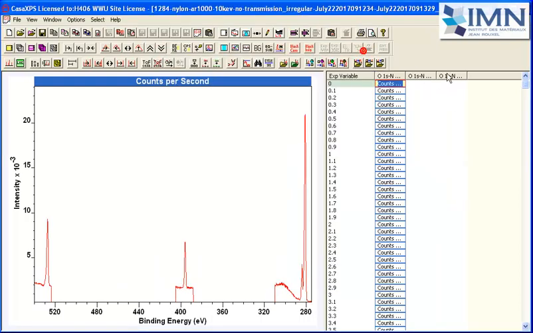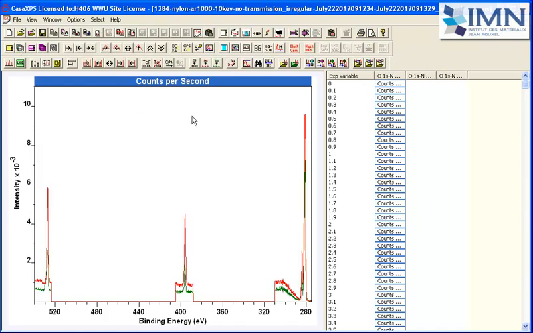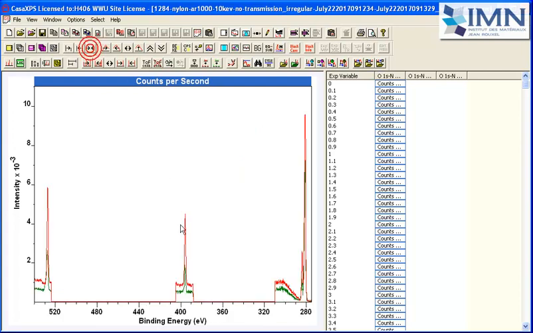And this is an iterative process, so you may not choose the best two spectral shapes. This is one of many applications of this approach, so that we can have a look and see what's happening within these data. Essentially what we've got here are two different forms of the carbon 1s.